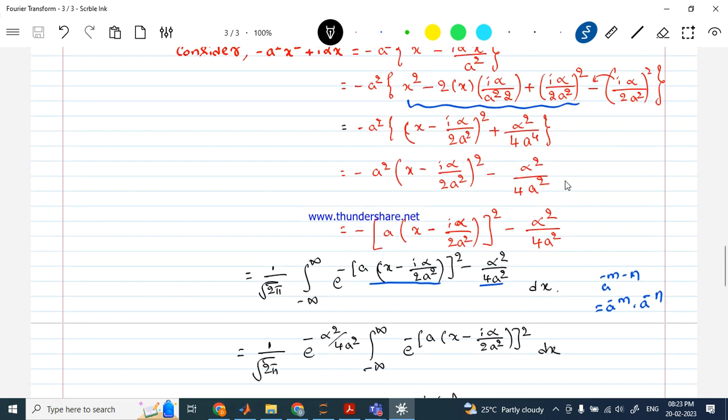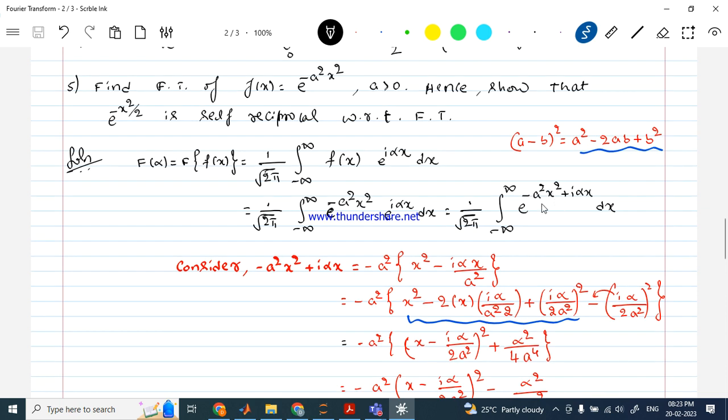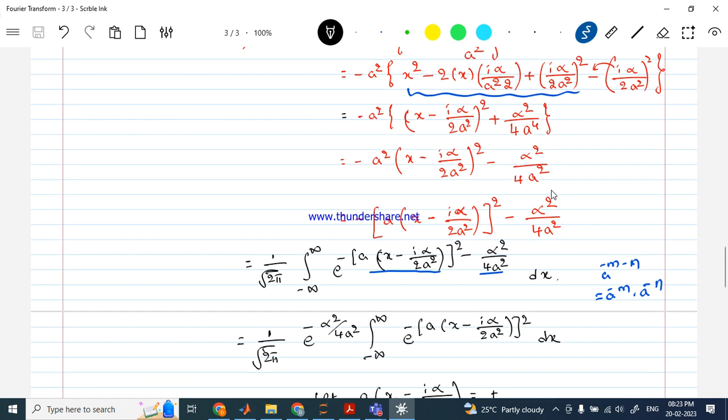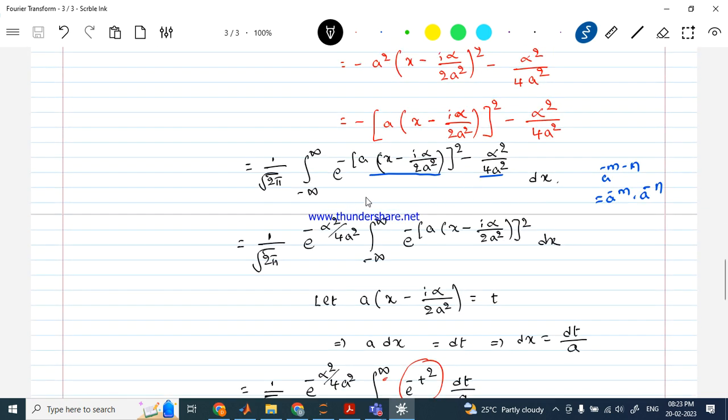We have this expression, and substitute this expression in its respective place. You can note that here it is of the form a power minus m minus n. From the theory of indices, it is a power minus m into a power minus n. But you can note that the second part is free from x. It's a pure function of alpha.